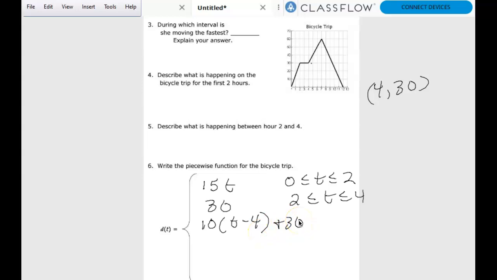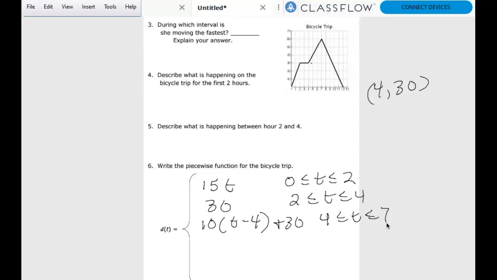And that goes from 4 to 7. Is everybody okay? So now, can you write the last one? Everybody write the last one now. I did. It's plus 30.